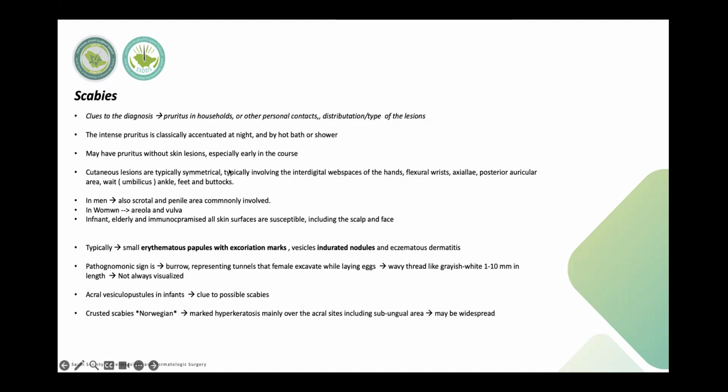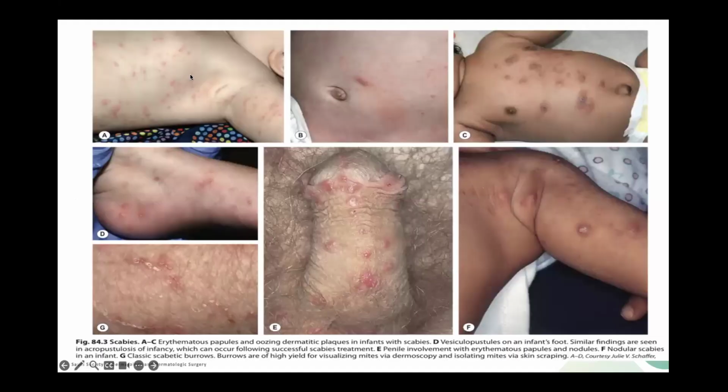Usually the cutaneous lesions are symmetrical and affect first the interdigital web spaces, the flexural wrist, axilla, umbilicus, and the genital area. In infants and the elderly, the face and scalp can be affected. These are usually not affected in young people, adults, or even children, but in infants they can be affected.